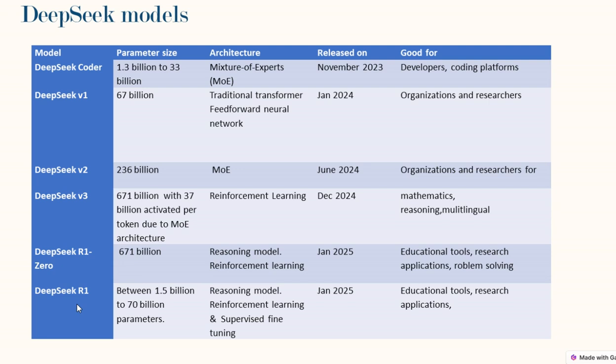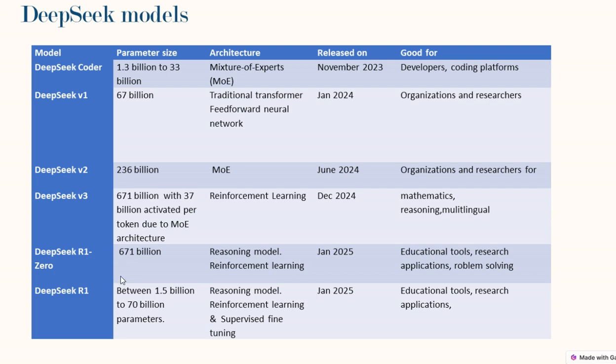The only difference is that DeepSeek R1 also uses supervised fine-tuning. Some fine-tuning was required on R1-Zero, and therefore the next version R1 was developed with supervised fine-tuning over it. All these models are built on one another: V2 was built over V1, V3 was built over V2, and in the same way R1 was built over R1-Zero.